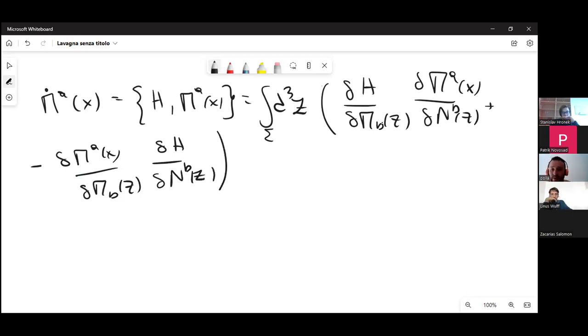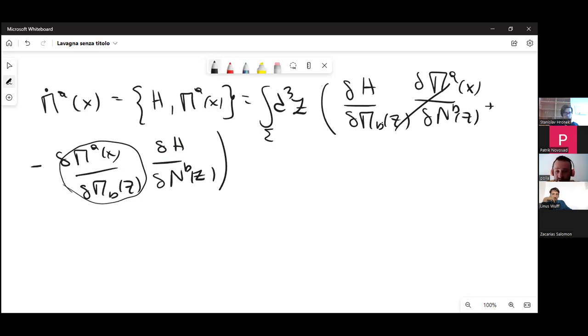Of course, this is zero because the variation of pi with respect to n is zero. But this term here is just the Kronecker delta and the Dirac delta.